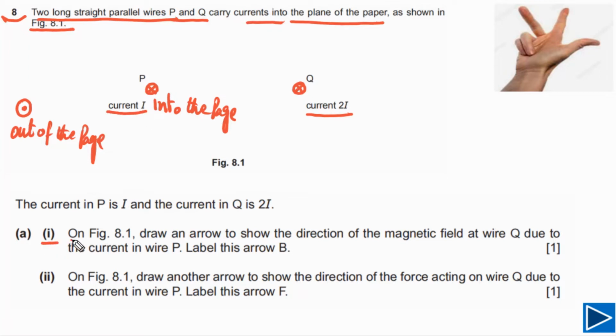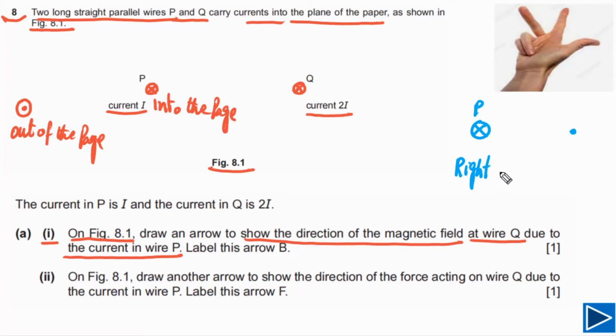For part A1 on figure 8.1, we need to draw an arrow to show the direction of the magnetic field at wire Q due to current in wire P. That means we need to draw the magnetic field due to wire P at wire Q. First of all, let's understand how we can find the direction of magnetic field around wire P. Imagine that this is wire P. If we need to draw the magnetic field at this point, we have to use the right-hand grip rule.